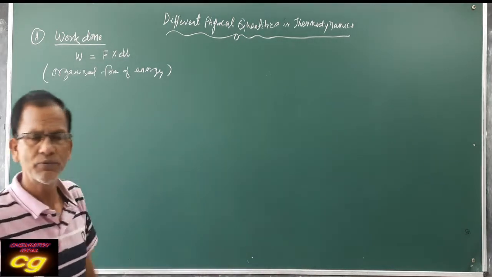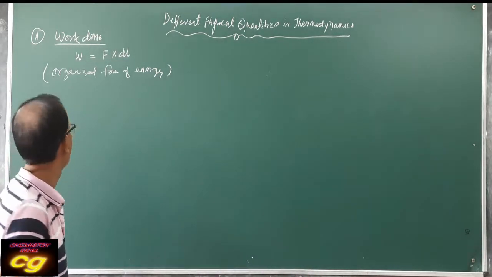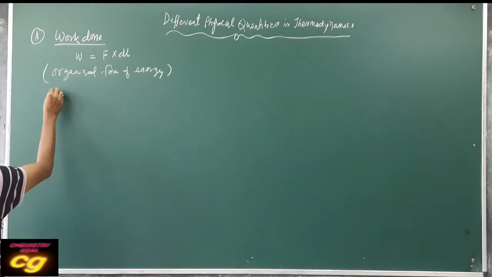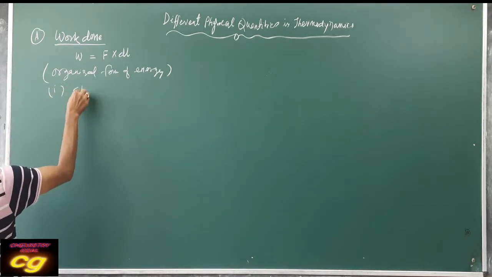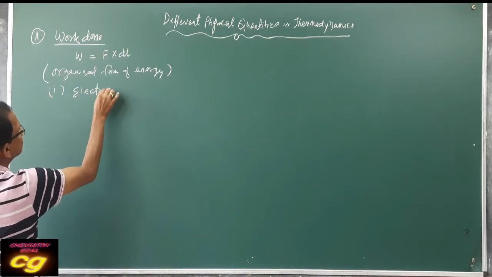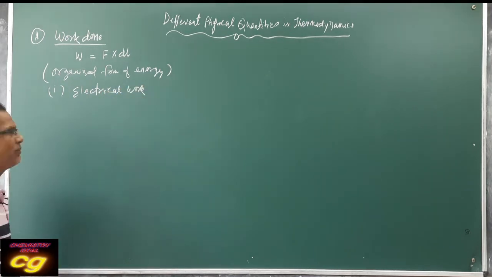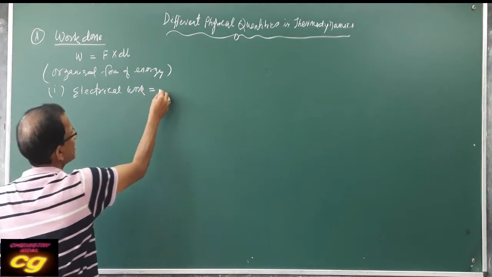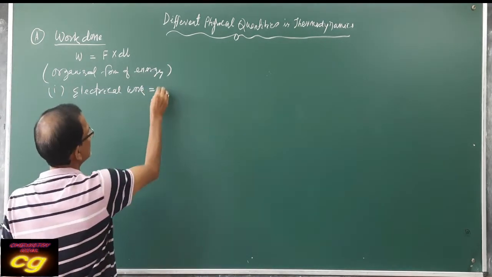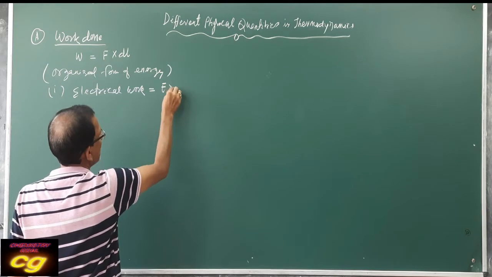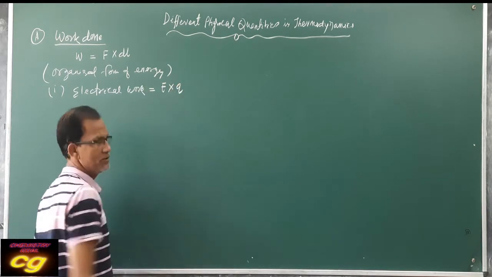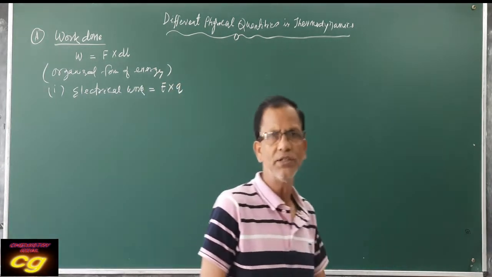And different types of work can be done. One is electrical work. Electrical work is expressed as some change in potential and the amount of charge used.